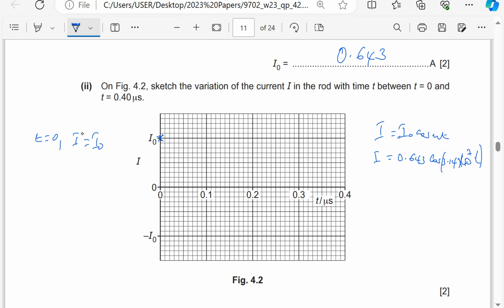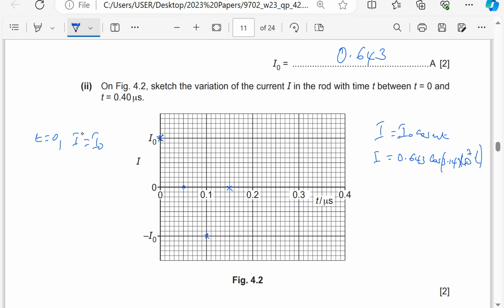Then, of course, this is going to be a cosine curve. Remember, 0.2 was the period. So when t is a quarter period, it goes to 0. When t is half a period, it goes to negative maximum. When t is 3/4, it goes to 0.